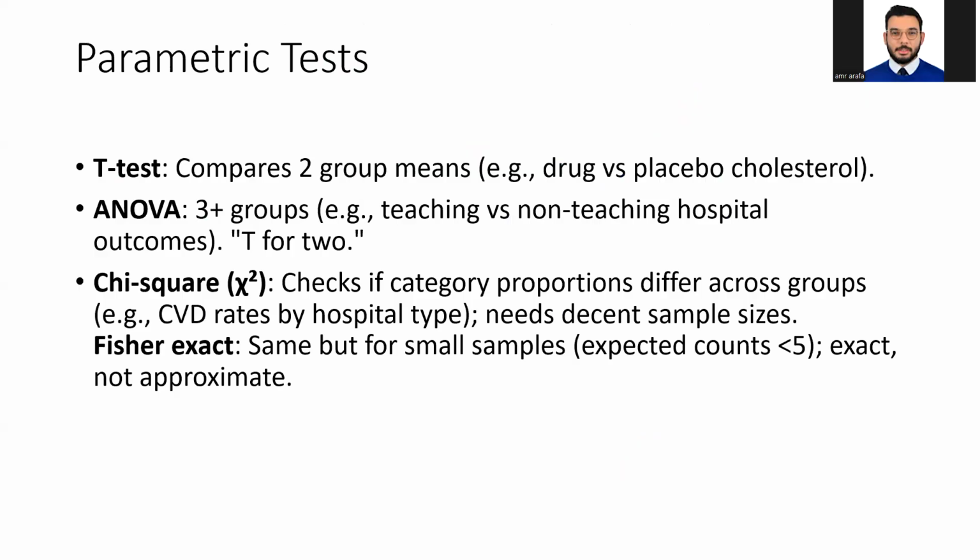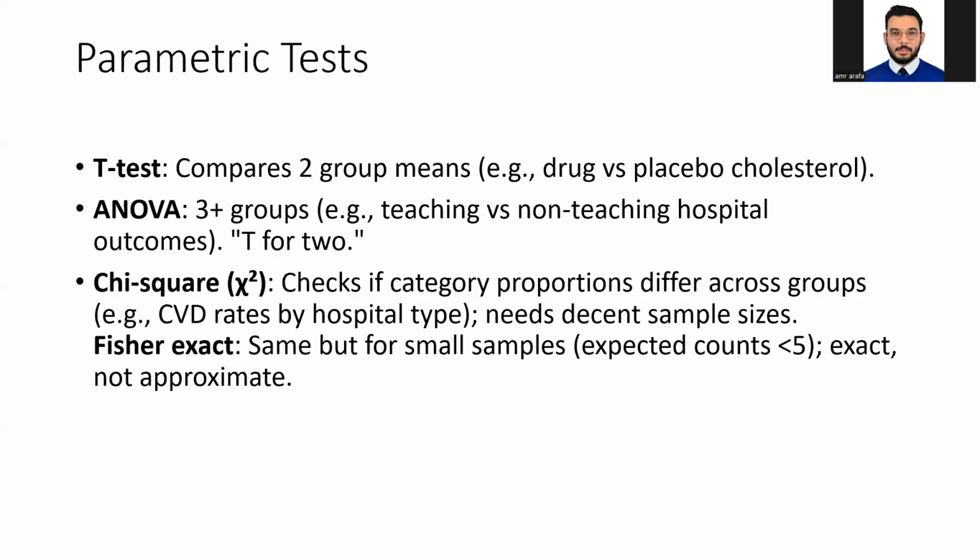So this stuff is super, super, super high yield for all 3 steps. And this is actually the main point of what we're trying to talk about here. The parametric test: if the variables that you're looking into are continuous variables, meaning you can put decimal points between them, you're going to use a t-test if there are just 2. If there are more than 2, you're going to use the ANOVA.